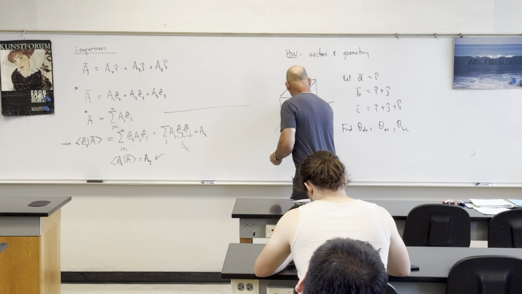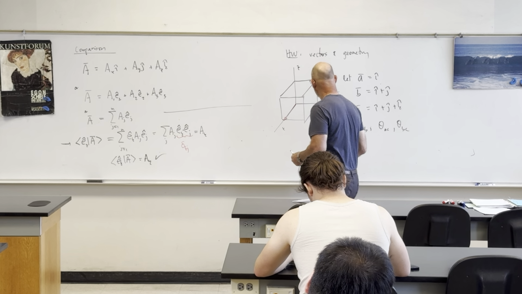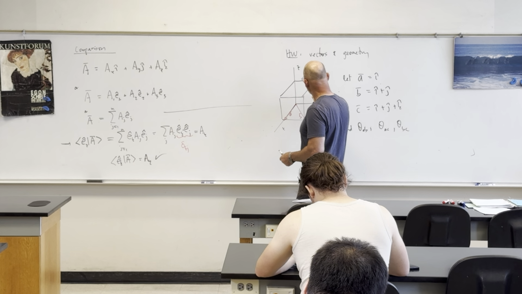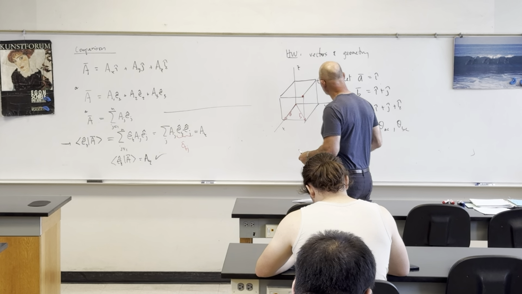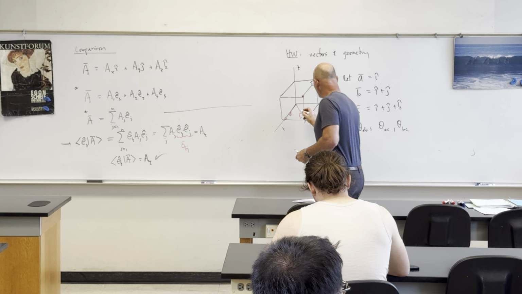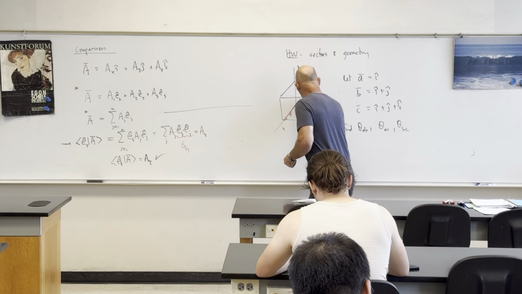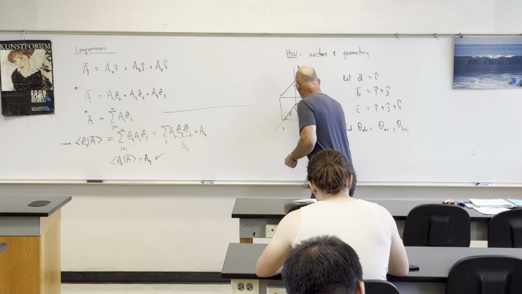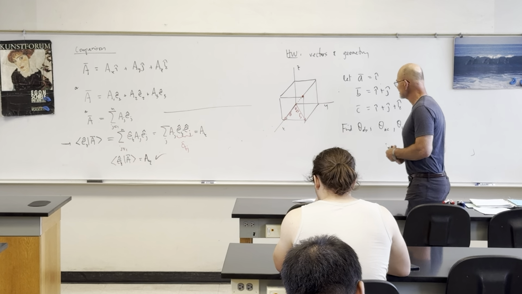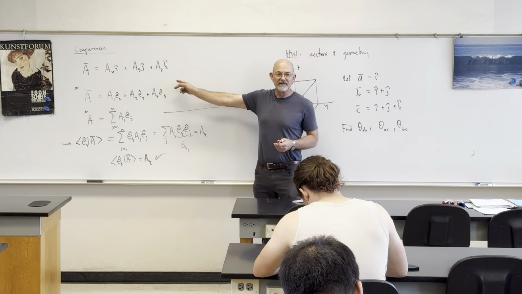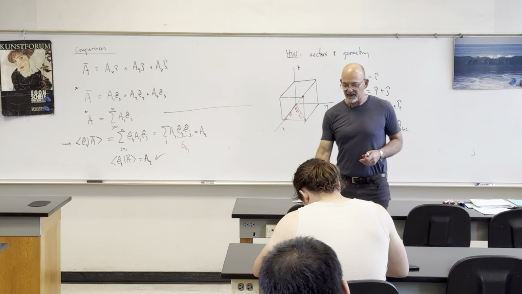This is A. And then i hat plus j hat, the x and the y, so that's B. So that's A, that's B. And i plus j plus k ends up right there. So theta AB, BC, AC. That's theta AB. This really makes the point of what I had just done earlier in terms of scalar products.